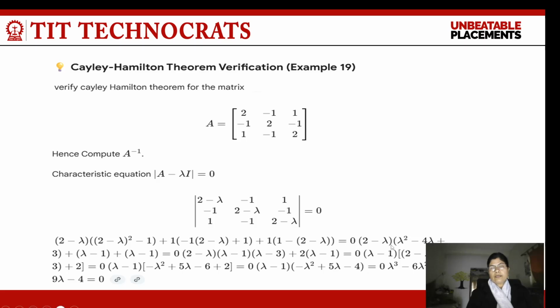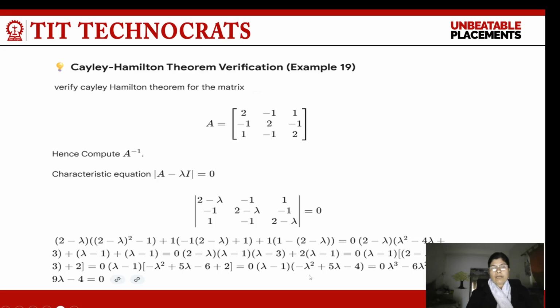That is 2 minus lambda, lambda square minus 4 lambda plus 3, plus lambda minus 1 plus lambda minus 1 is equal to 0. 2 minus lambda into lambda minus 1, lambda minus 3, plus 2 into lambda minus 1 is equal to 0. And lambda minus 1, 2 minus lambda into lambda minus 3 plus 2 is equal to 0. Lambda minus 1 into minus lambda square plus 5 lambda minus 6 plus 2 is equal to 0.